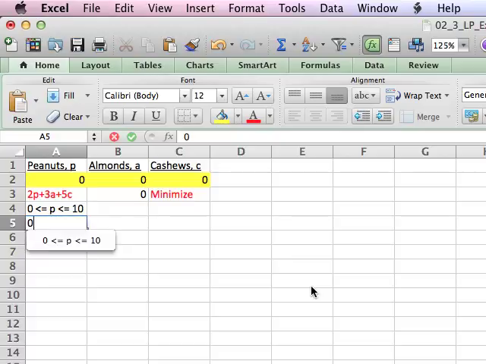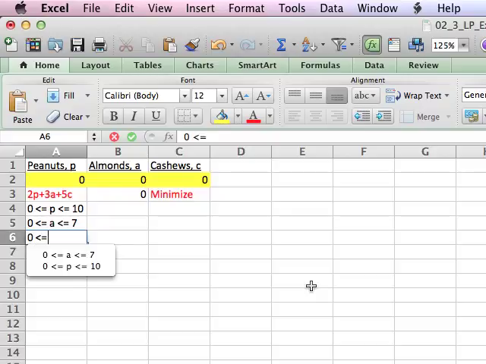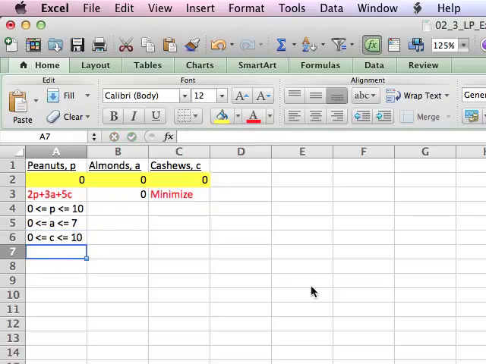And also 0 is less than or equal to A is less than or equal to 7. 0 is less than or equal to C, which is less than or equal to 10. Alright, so that takes care of our implicit non-negativity constraints, as well as one of the explicit constraints of just how many pounds that they're even able to access, I suppose.